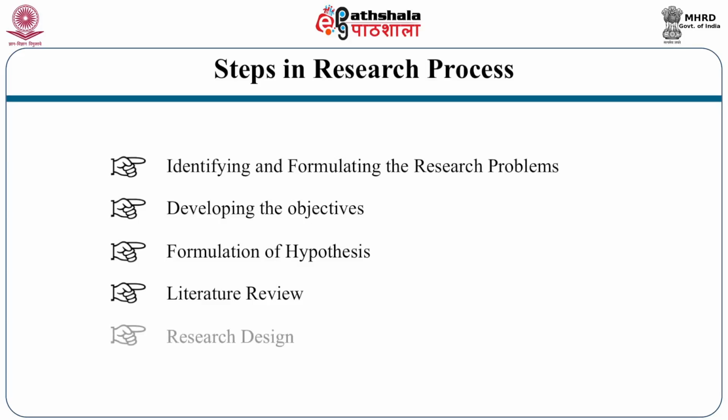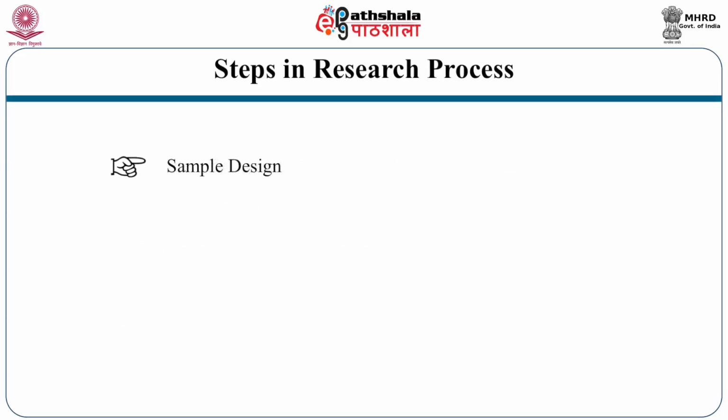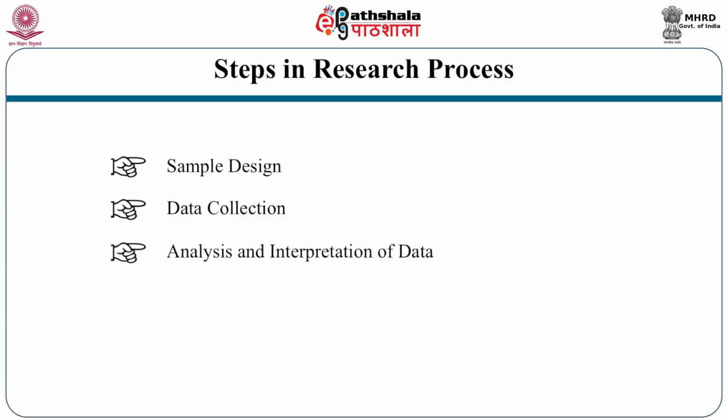Fifth, research design. Sixth, sample design. Seventh, the data collection, the methods and tools. Eighth, analysis and interpretation of data, and then writing the research report and writing your conclusions of research.